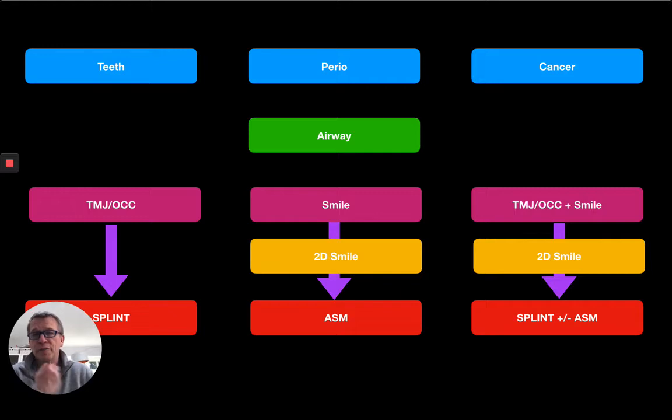Yes, we do have some advanced TMJ issues. We've got to get them stable first. But ideally, I'm looking for patients that don't have airway issues, and if they've got biological issues, we need to get those resolved first. So don't have airway issues, or get their airway resolved. Don't have joint issues, or we get the joints resolved.